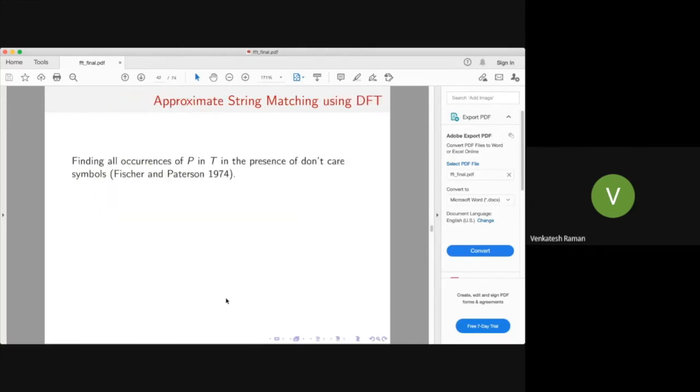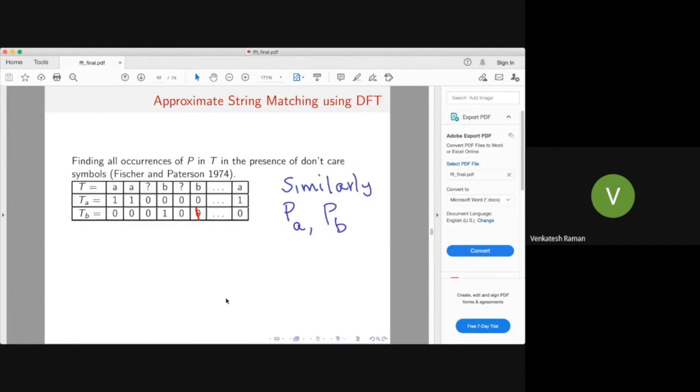Okay, so here is the algorithm, and this is the 1970s work when Fischer and Paterson started applying FFT to the string matching problem. So you have the text. What we'll do is create these two polynomials. First, these are the coefficients. Let's for now assume that there are only two characters, A and B, and later I'll tell you how to extend it to a larger alphabet.